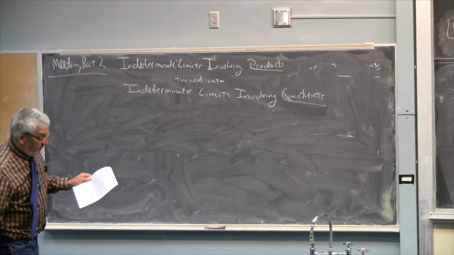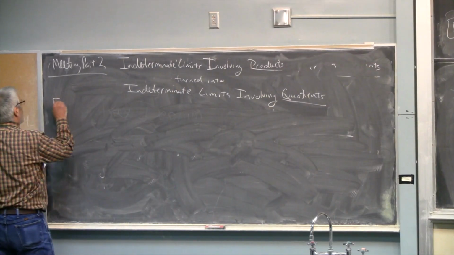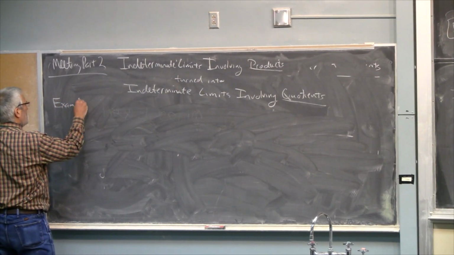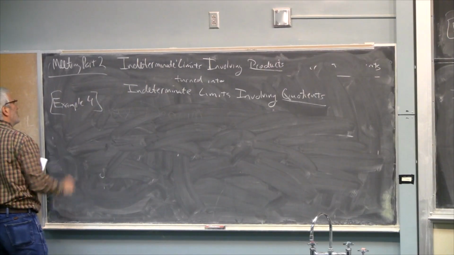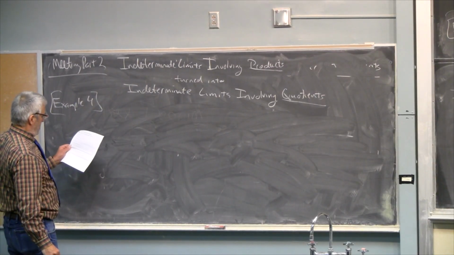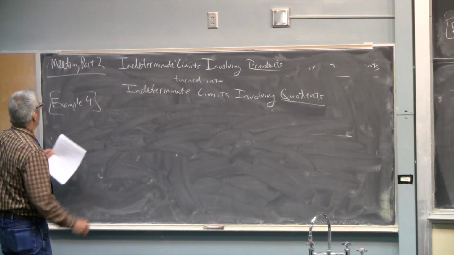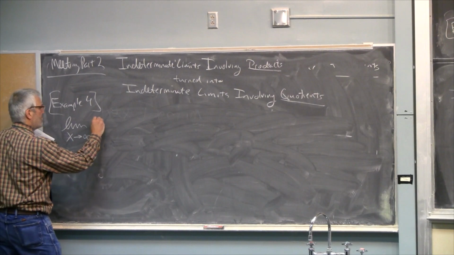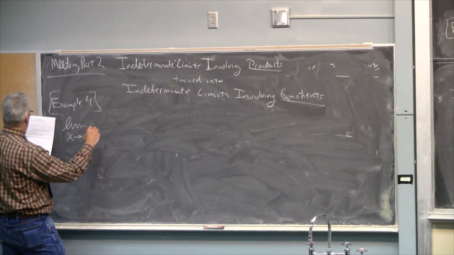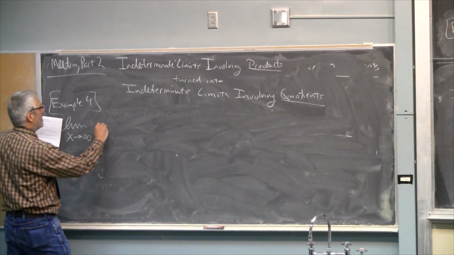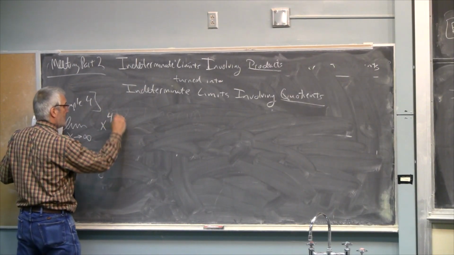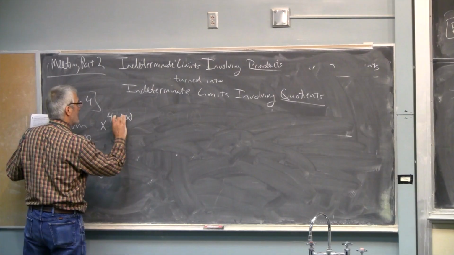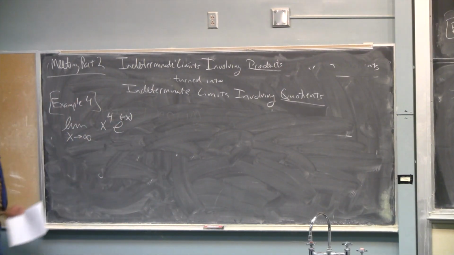So we're up to example 4. The limit as x goes to infinity of x to the 4th times e to the minus x.